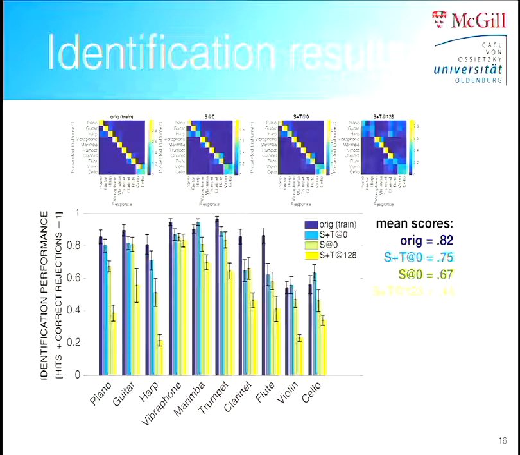And then you have the different conditions, and the thing that's obvious from the outset is that the original sounds are of course identified best, followed by the stationary plus transient components at the onset, followed by the stationary components at the onset, followed by the stationary plus transient component, the middle portion.